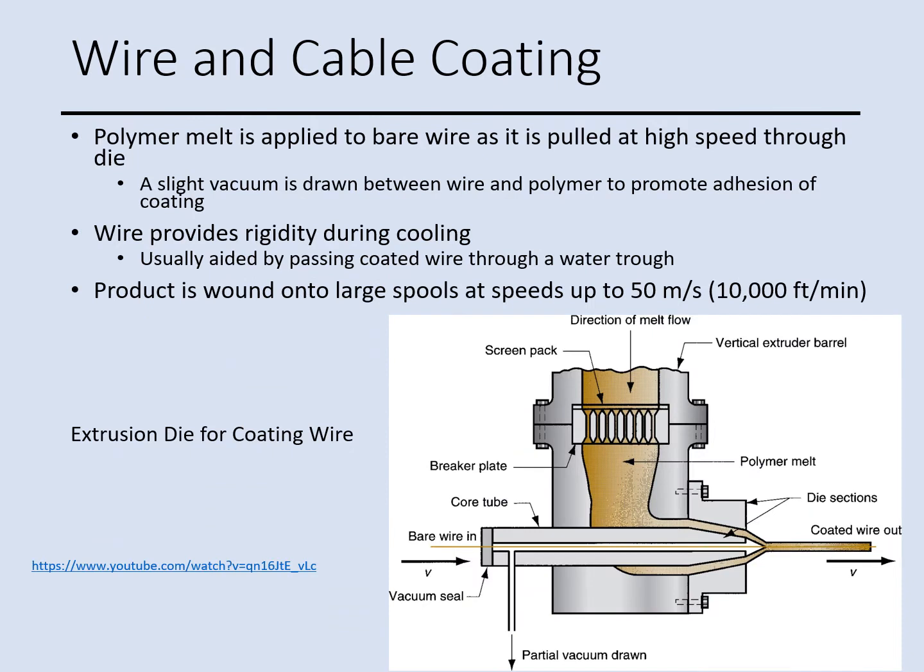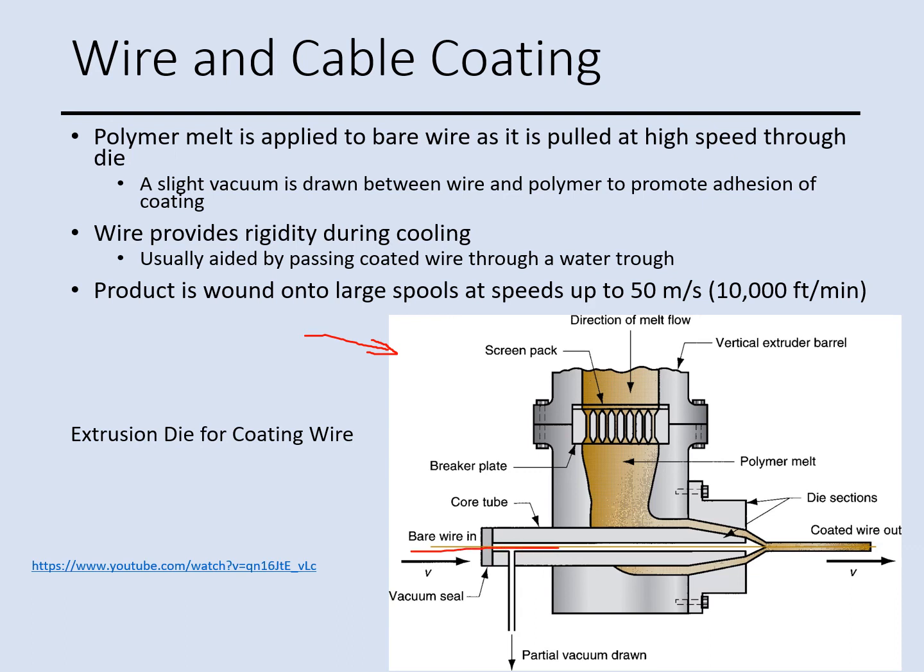In this picture, we have the extrusion die for coating wire, and the process is simple. We have a polymer melt that is going to be applied to a bare wire, as the wire is pulled at a high speed through the die.